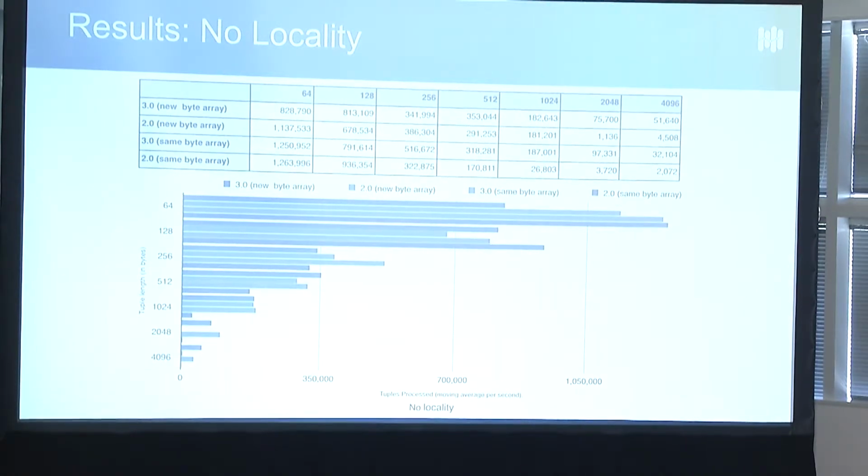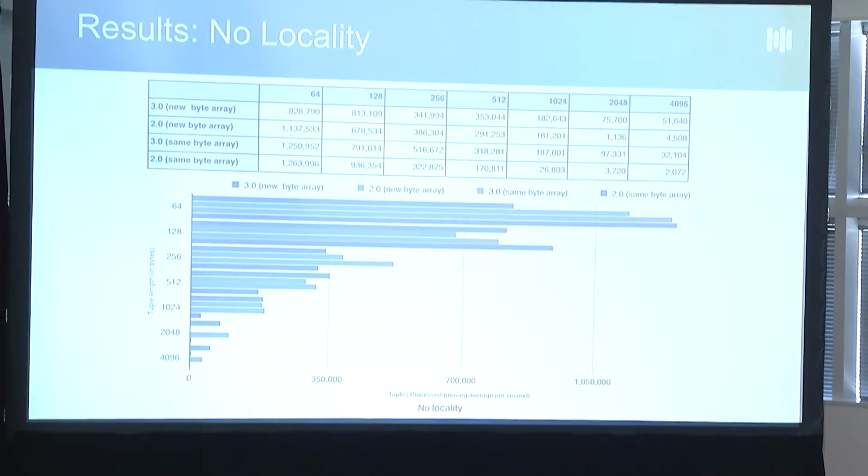And this is the result when those two operators reside in different containers, so in different nodes, right? So now network kicks in. Not only network kicks in, now Apex also needs to do serialization when it emits a tuple and deserialization on the other part, right?